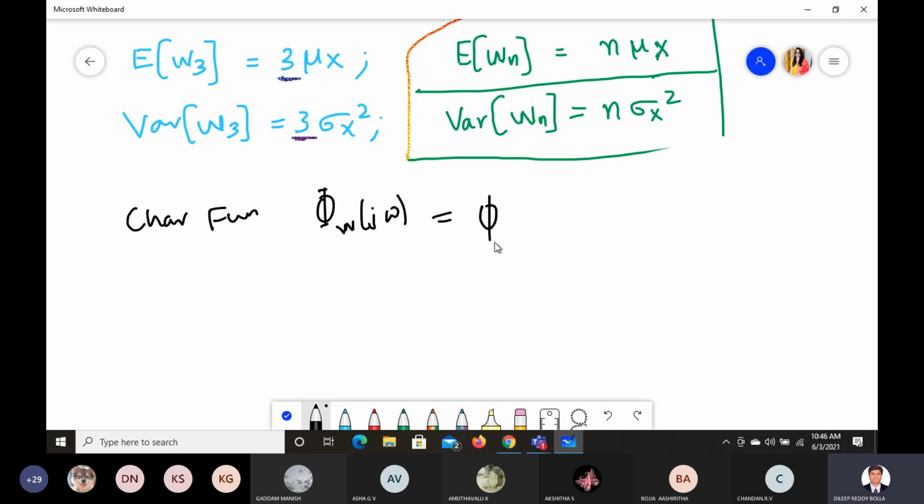So which is phi x of n of j omega. What is the meaning of this? I'll tell you. Okay. So this phi x1 of j omega equals to what?